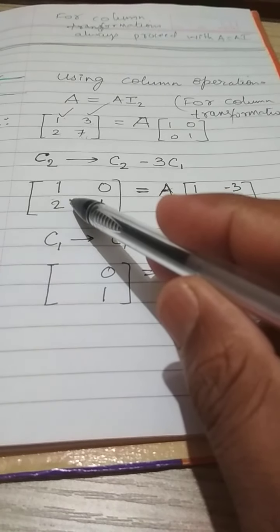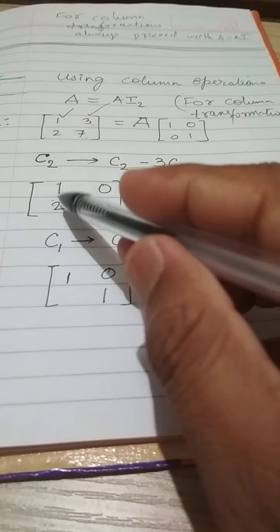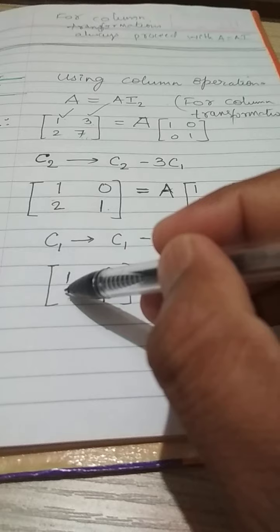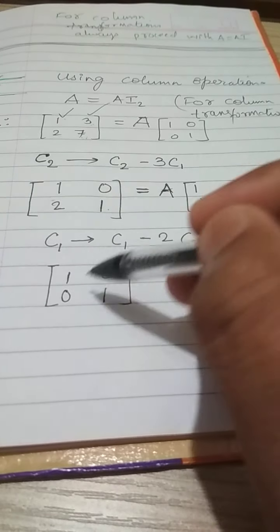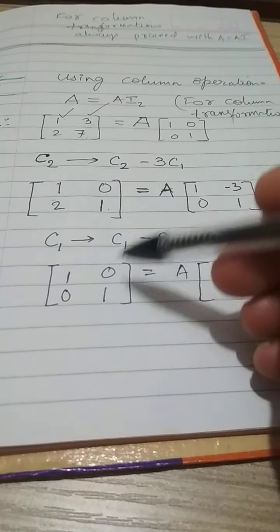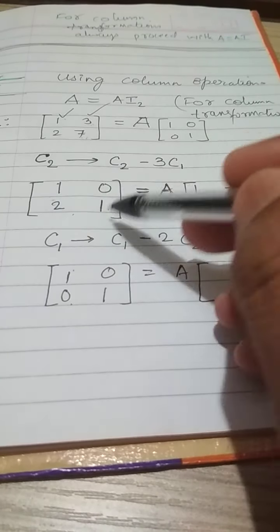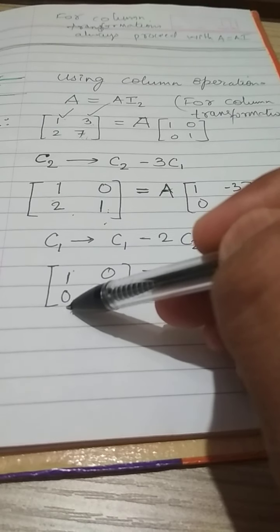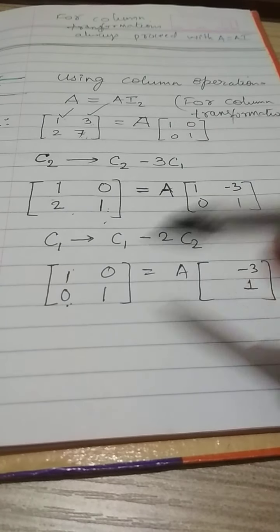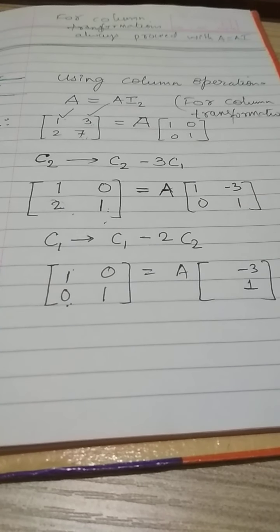So 1 minus 2 times 0 is 1. 2 minus 2 times 1 is 0. The main focus was to make 2 as 0, hence this operation has taken place.